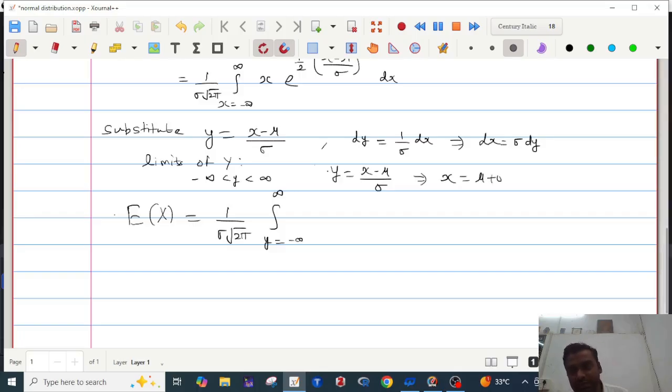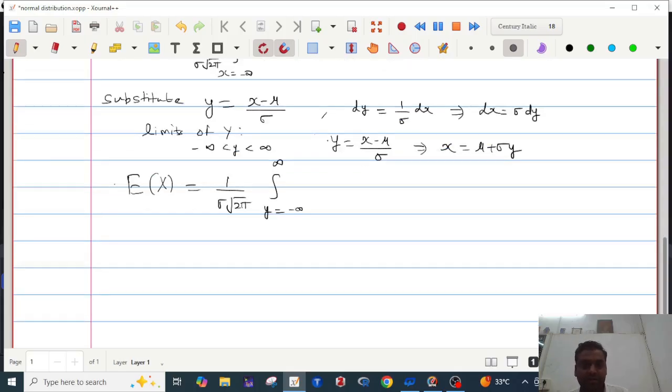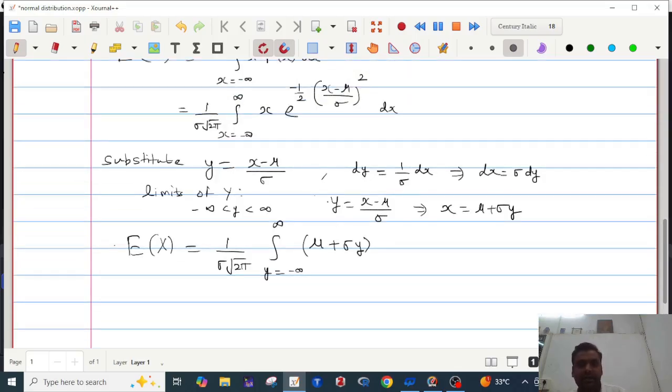So this is mu plus sigma y. 1 upon sigma under root 2 pi, this is x. X is mu plus sigma y, e raised to minus 1 half. Instead of x minus mu upon sigma, put here y square, and dx is sigma dy.